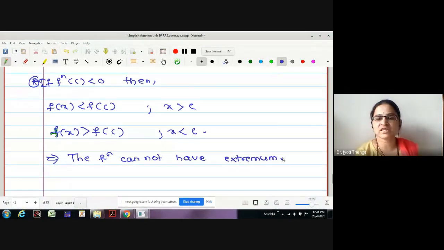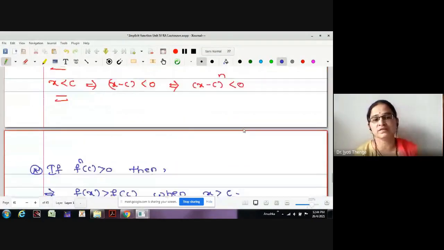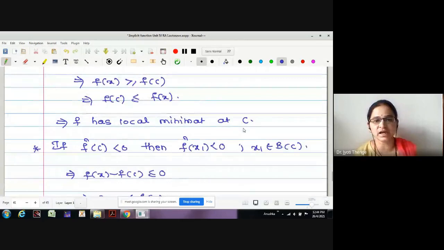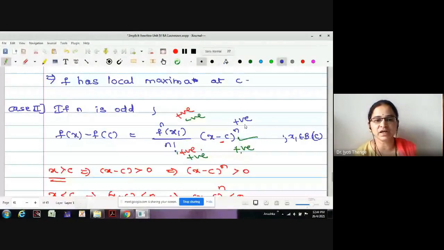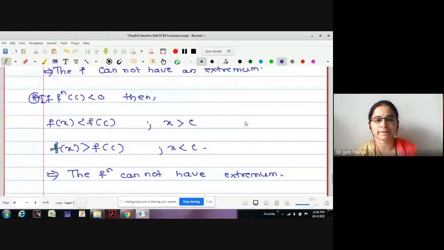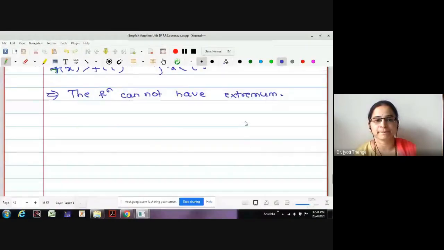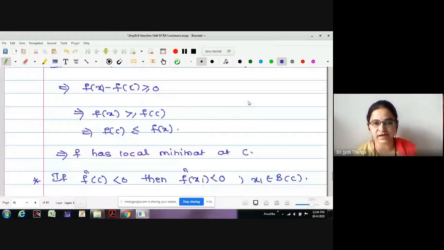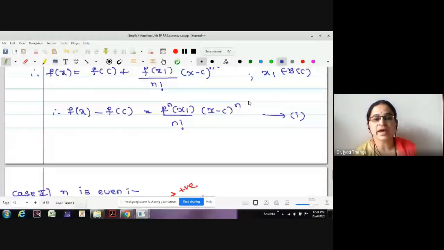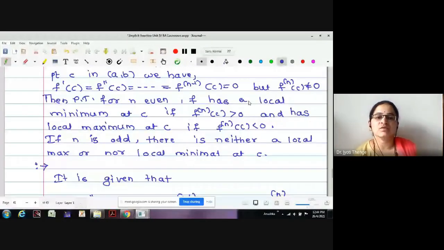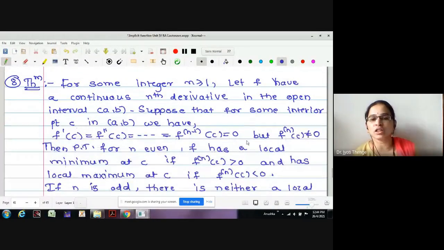Right? Therefore, this theorem gives us the sufficient condition for the existence of extrema of the given function. Is that clear to everyone? Any difficulty? Okay. Therefore, according to the statement, now we were checking the extrema with this. What will we do? We will find all the possible derivatives first. Then we will find the point c at which the first derivative is 0.